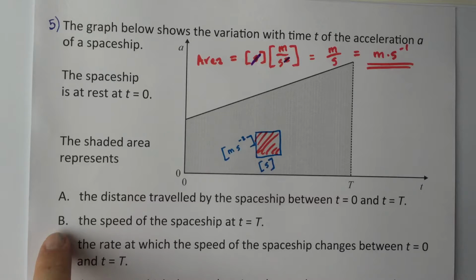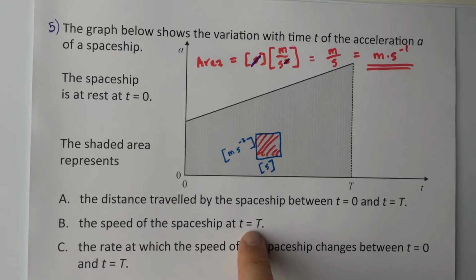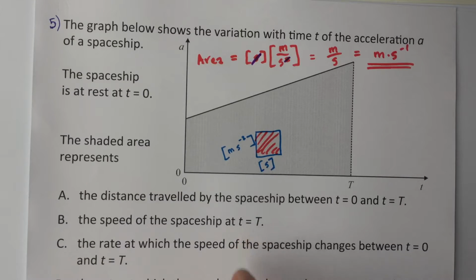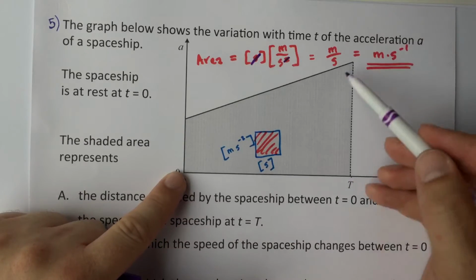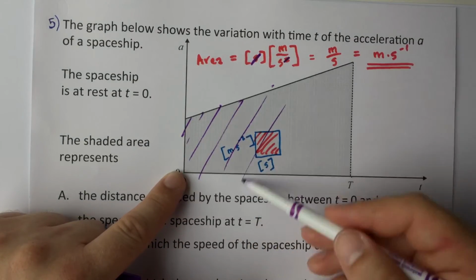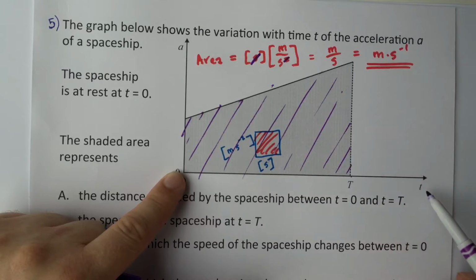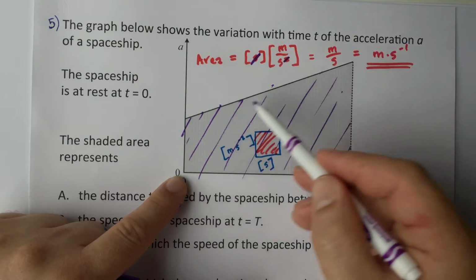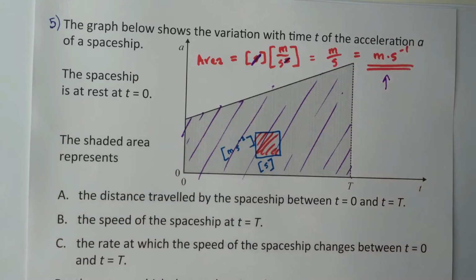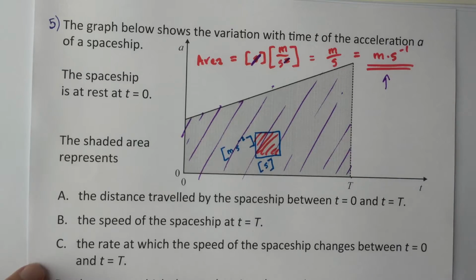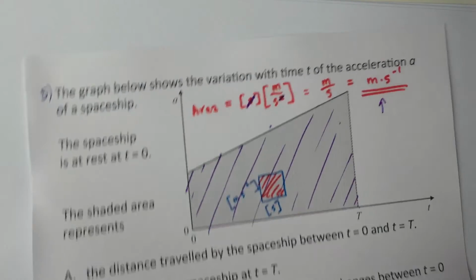We'll learn the slight difference between them in just a little bit, but that would represent the speed of the spaceship at t is equal to capital T. That's when t goes from 0 all the way to capital T. And over that entire period, the area under this curve in that entire time period from t equals 0 to lowercase t equal to capital T, that area represents the velocity or the speed. So choice C.